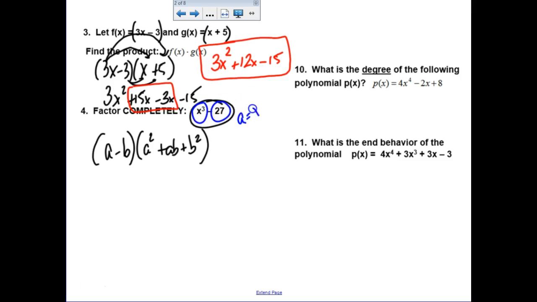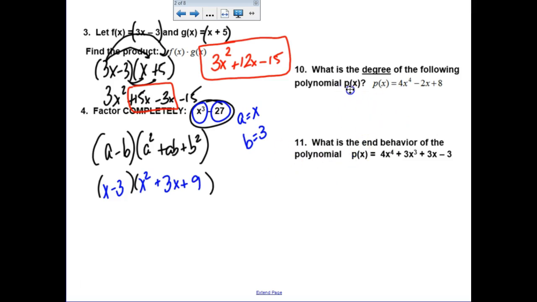So the cube root of this first term is x, and the cube root of 27 is a 3. So plugging in everything where it goes, we get x minus 3, and then x squared plus 3 times x, plus 3 squared, which is, we're going to write as a 9, of course. I like the cubic pattern because you don't have to do any extra work ever. Once you fill in the numbers, you're good.